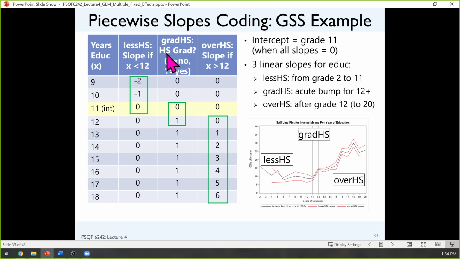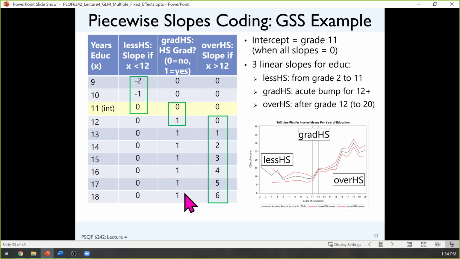Second column. The second column is going to index the bump that you get for graduating high school. So I've called this variable grad HS, and it simply changes from 0 to 1 when you move from 11 to 12. I have zeroed it out before I hit 11, and I have 1'd it out after.